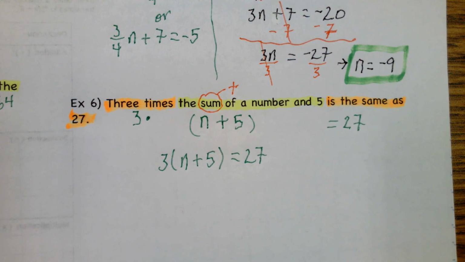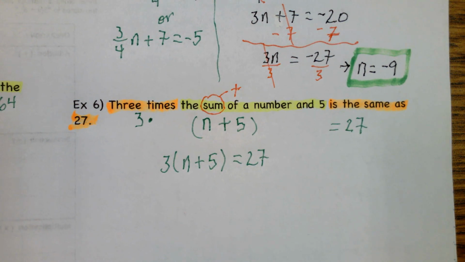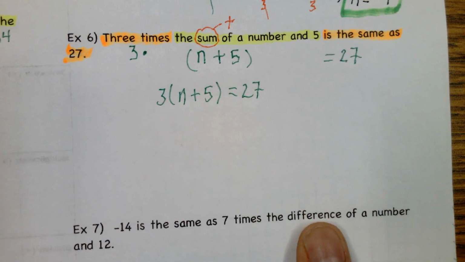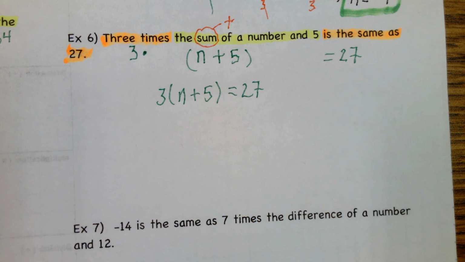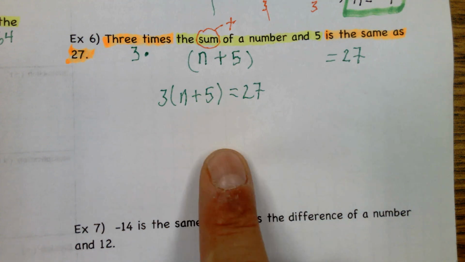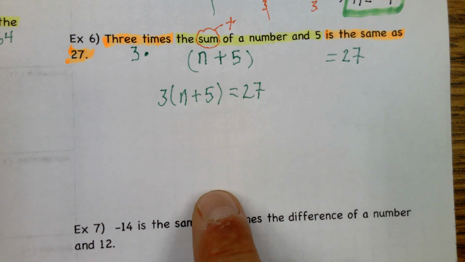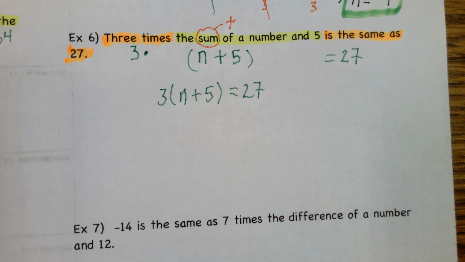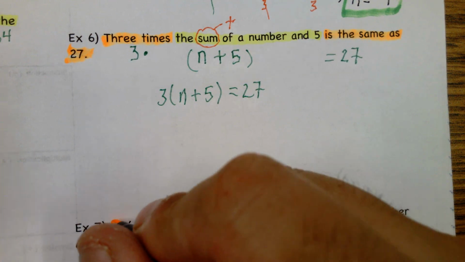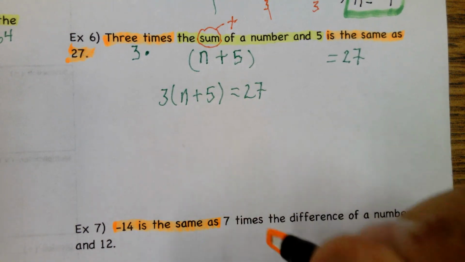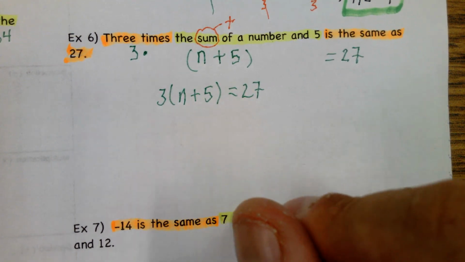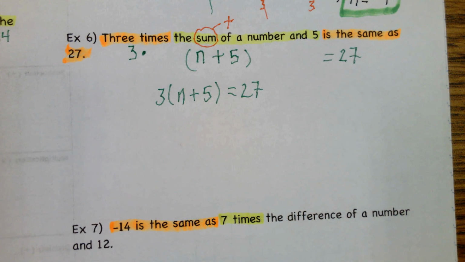Okay. So it's going to be the same on the second one where we have the word difference. Okay. Any questions? That one's a little tricky. All right. So this is the last one. So we start off with negative 4 is the same as, that's our first phrase. 7 times is our next phrase.